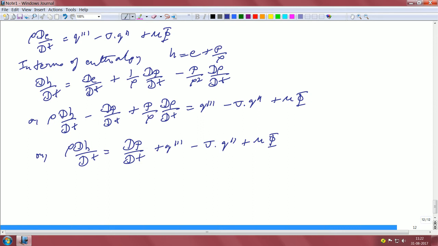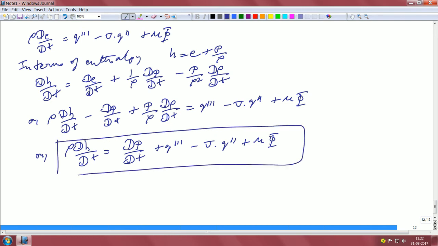Based on this, this is the expression that you are going to get. This casts it in terms of enthalpy. This is the generation term, this is the diffusion or conduction term, this is the viscous dissipation term, and this is the pressure term.